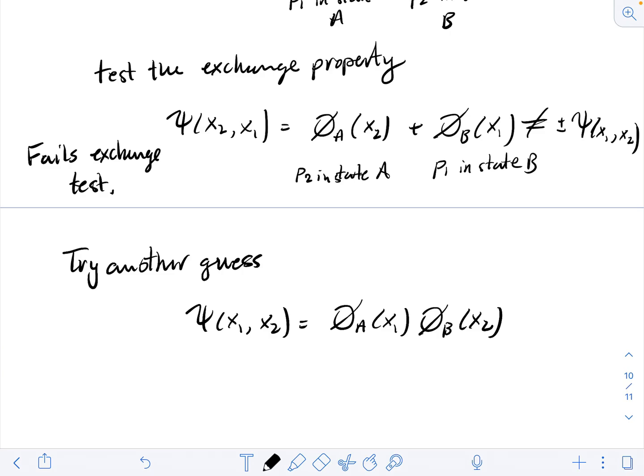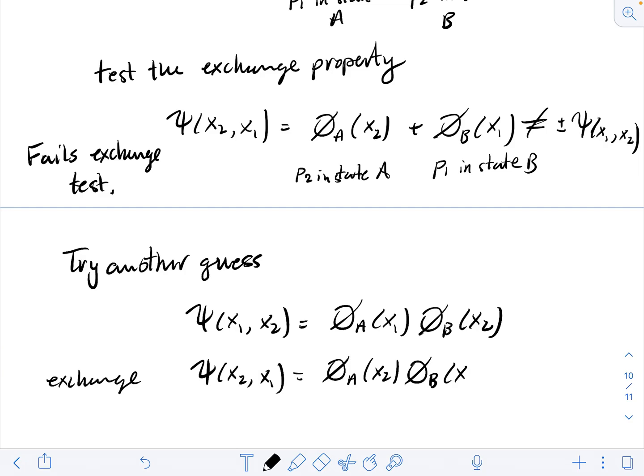Then when we do exchange, we run into a similar problem. The two particles now have switched the states that they were in, and so this again fails the exchange requirement.